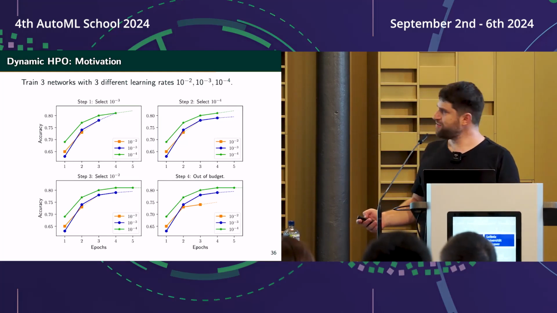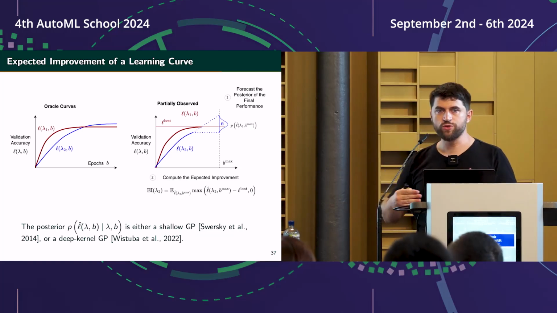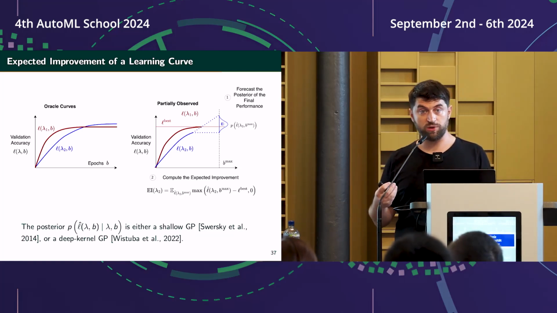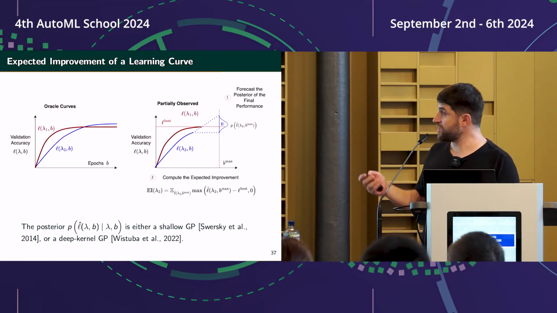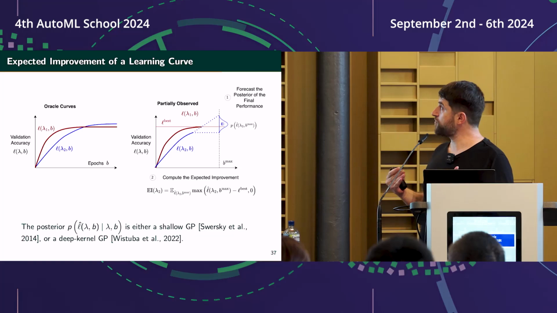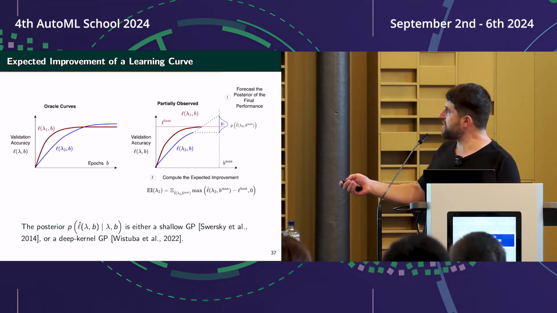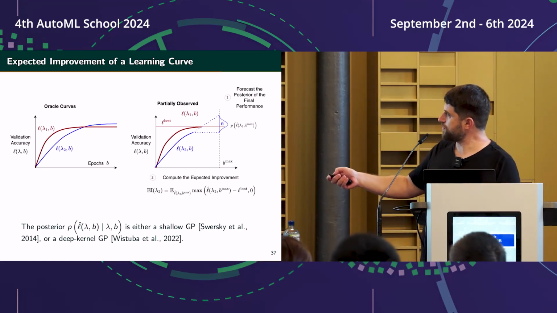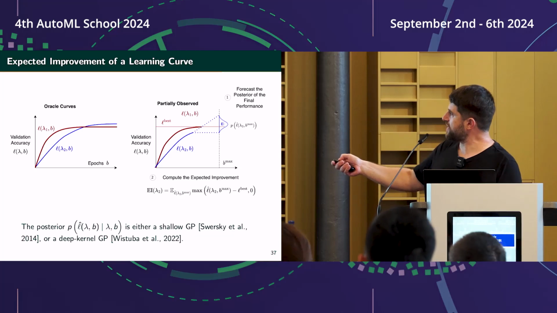I will skip the motivation for the sake of time, but we can actually use a more dynamic way of doing HPO. In order to present that, we have to first consider the aspect of expected improvement for learning curves. Consider two curves, the blue and the red, and both configurations have been run until a particular number of epochs.